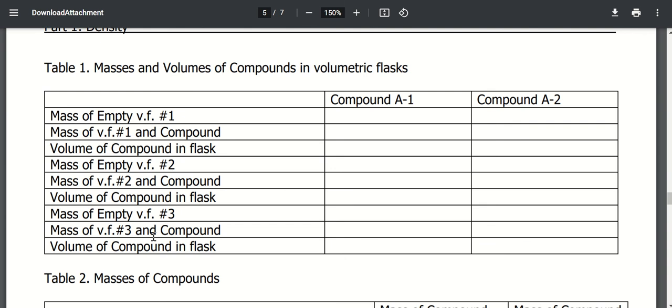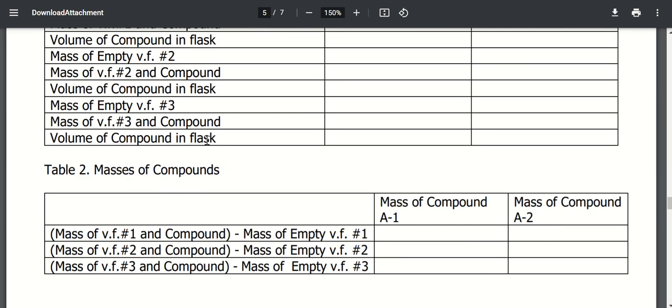Okay. You're going to do that for all these 3, for both compound A1 and compound A2. So it's repetitive, but that's what we do in science. We want things to be reproducible. So from there, you're going to find the mass of the compounds by subtracting the empty volumetric flask mass from the volumetric flask plus the compound, right?